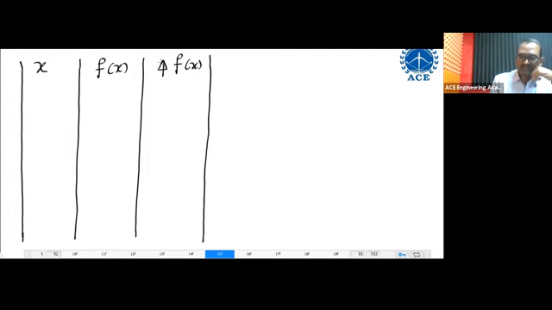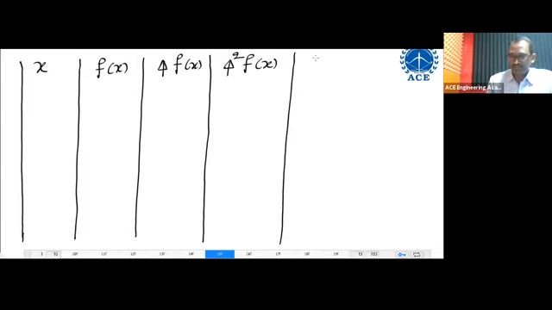Remember, this symbol, the triangle with a middle vertical line, is called the first order forward difference operator. This symbol is the second order forward difference operator. And this symbol is the third order forward difference operator.